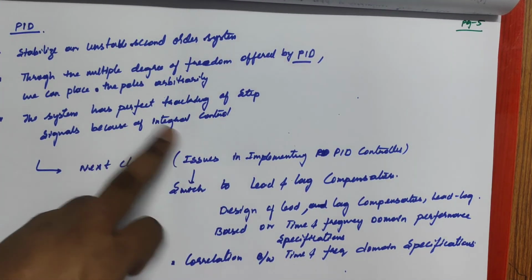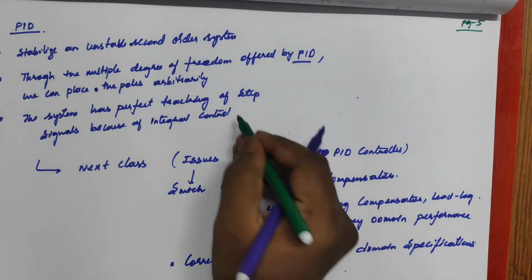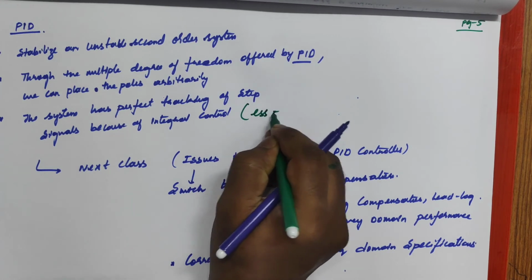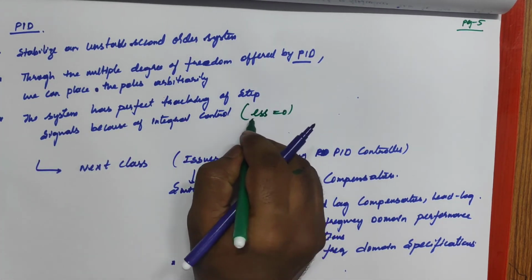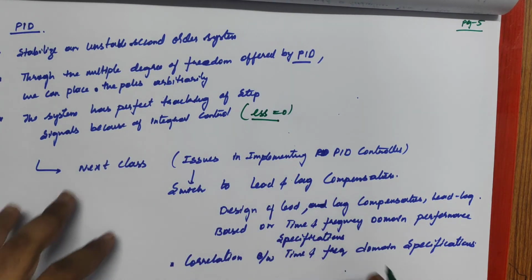Perfect tracking means for any step input we get a steady state error equal to 0.